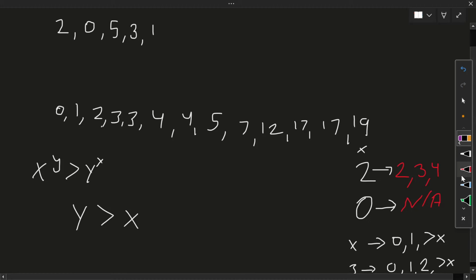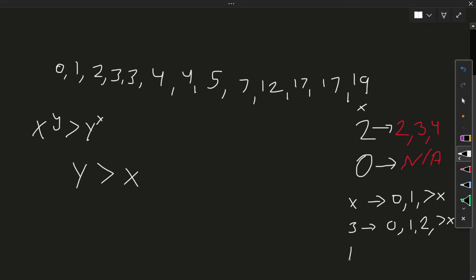Then what about 1? If we have x as 1, then this value and all the right side values are greater, means y is greater than x. So what about 0 and 1? We have x value as 1. What about 0? If y is 0, this is 1 and this is 0.